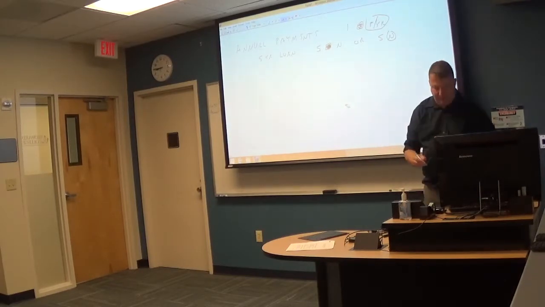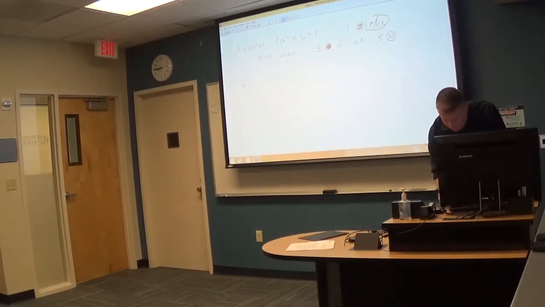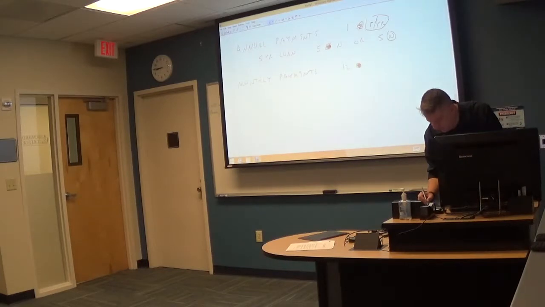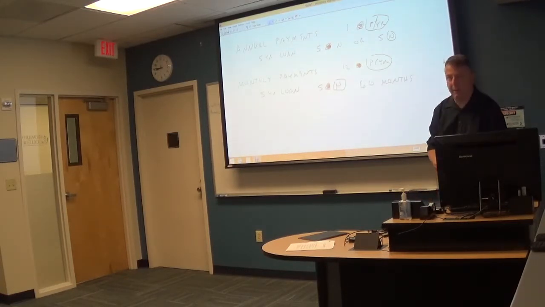With monthly compounding, which is the majority of the time, it's 12 payments per year. And so for a 5-year loan, if we put in 5 shift N, that is going to be 60 months.